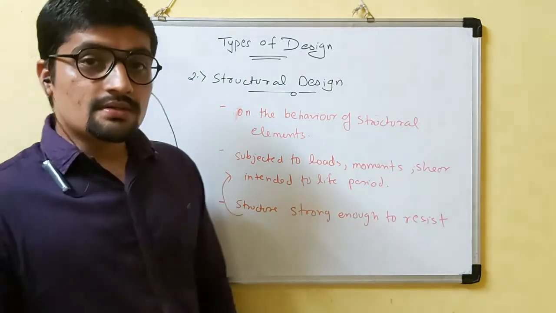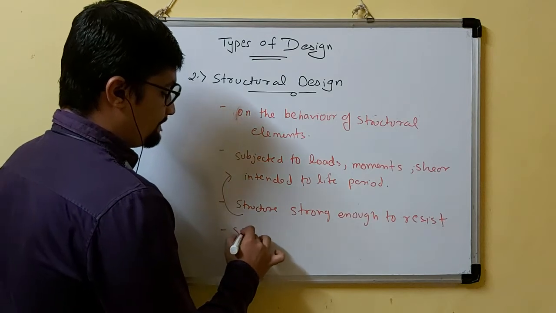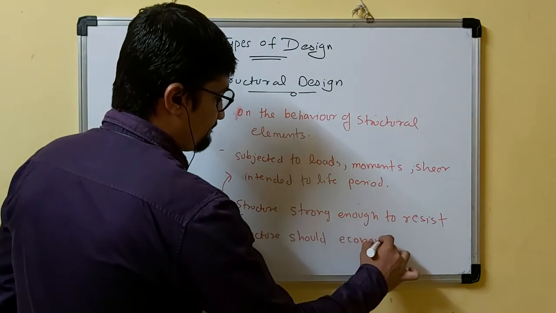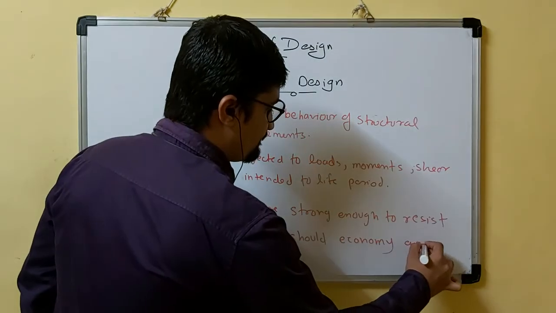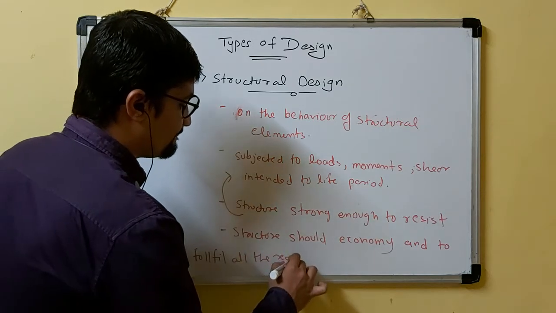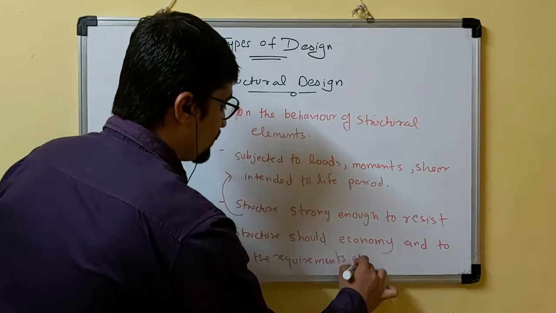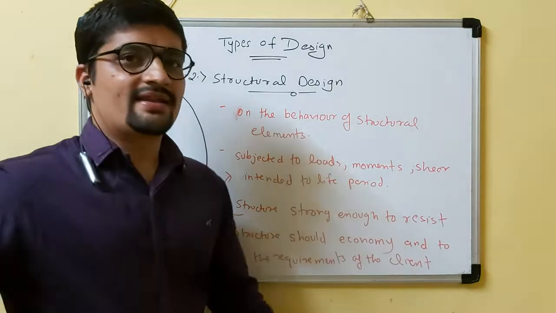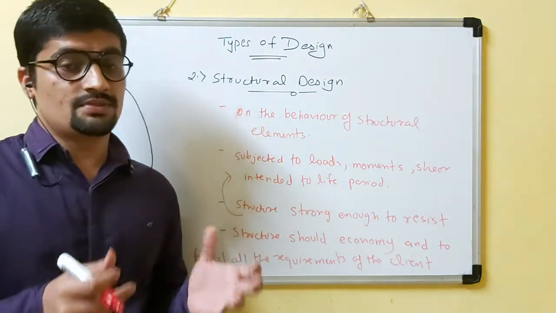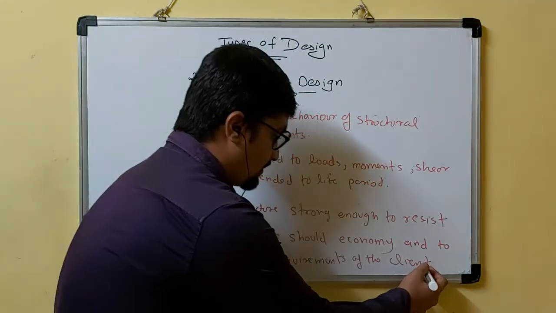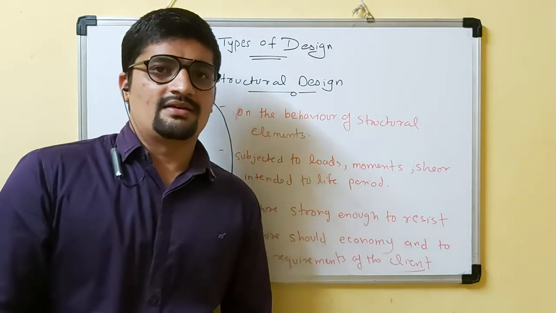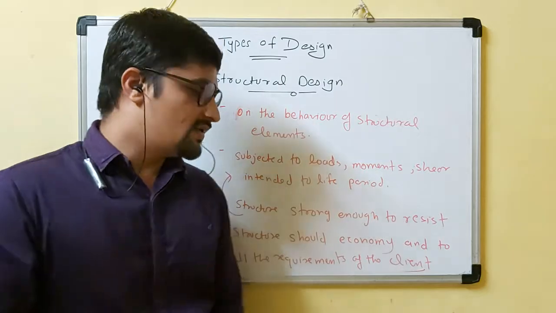Also, the structural engineer has to keep in mind that the structure should be economic, and fulfill all the requirements of the client or architectural engineer. The challenging job is of the structural engineer because we need to fulfill the requirements of the client, which are sometimes unacceptable and sometimes impossible to design. But still the structural engineer makes a way to design any type of building.